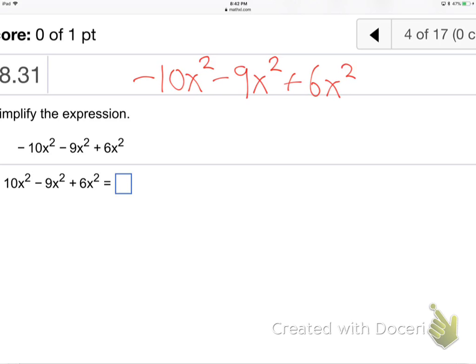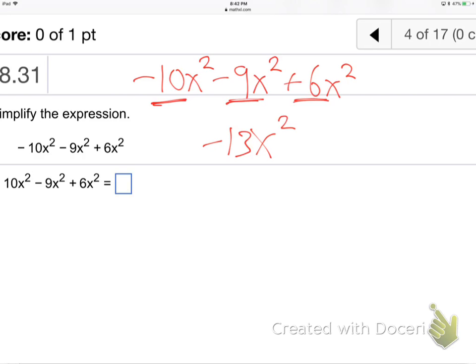Those are like terms. So we're just going to add them all up, and it's going to be x squared. Minus 10, minus 9, that's minus 19, plus 6, that's minus 13, x squared. Did you do that right? We're just adding and subtracting.